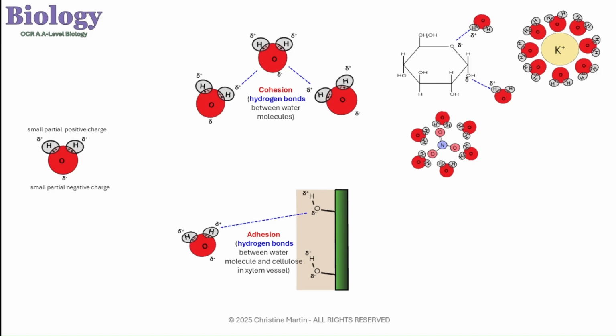When water changes state from a liquid to a gas, water vapor, energy is needed to break the hydrogen bonds. The amount of energy needed is high, and this is referred to as the latent heat of vaporization. Individual molecules at the surface that gain enough kinetic energy can overcome these intermolecular forces and escape as water vapor.